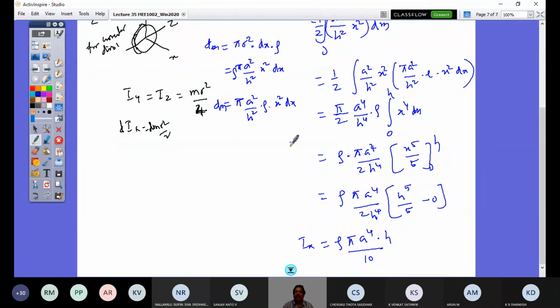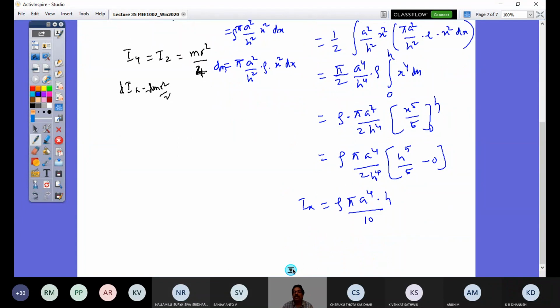Ix of a cone. If the cone is rotating about its axis, then the mass moment of inertia is given by this. It is always better to write mass times the quantity. So what would be mass? Density into volume. What is the volume of the cone? It is 1/3. So let me multiply here 3 by 3.